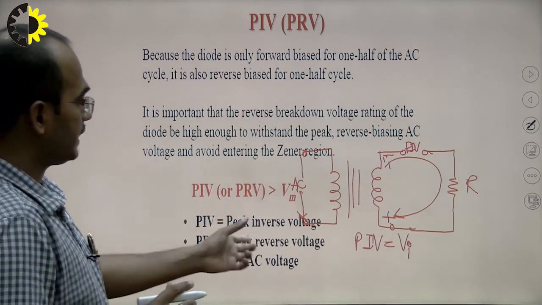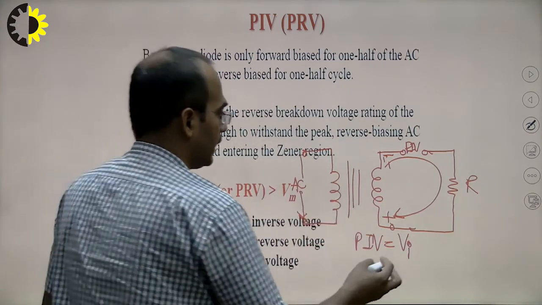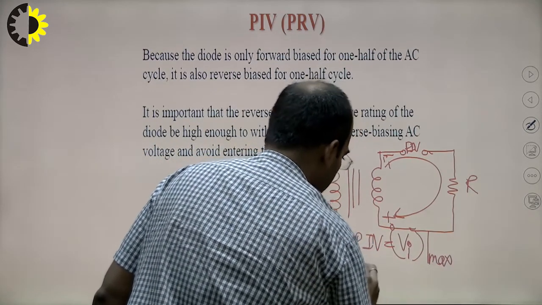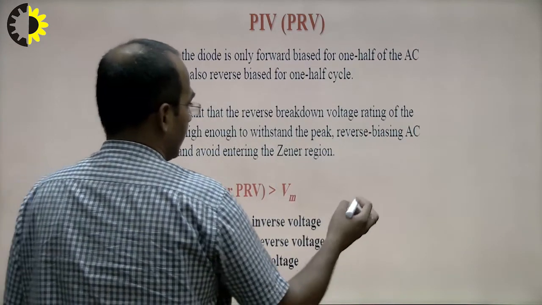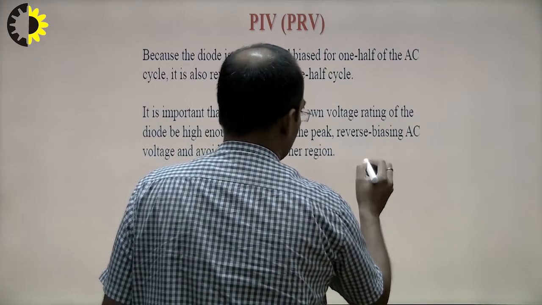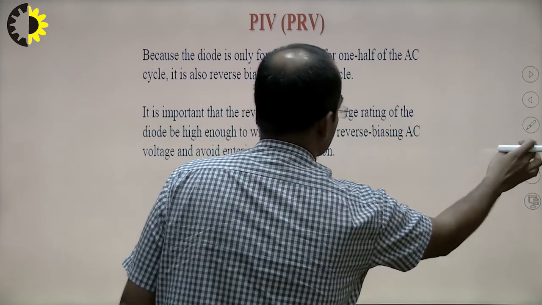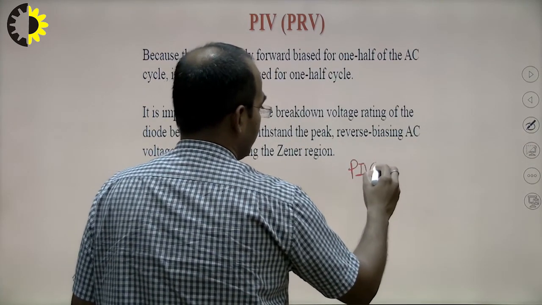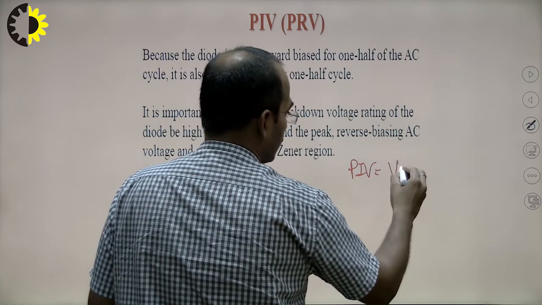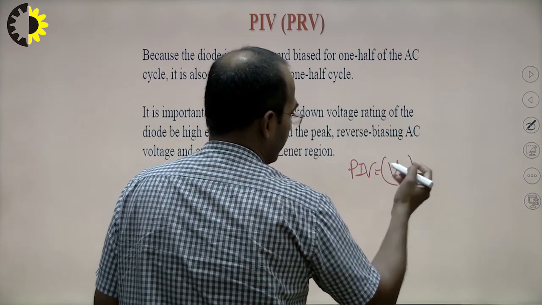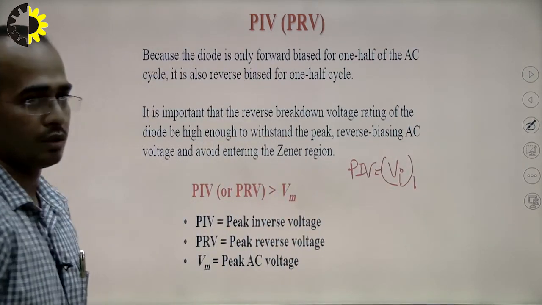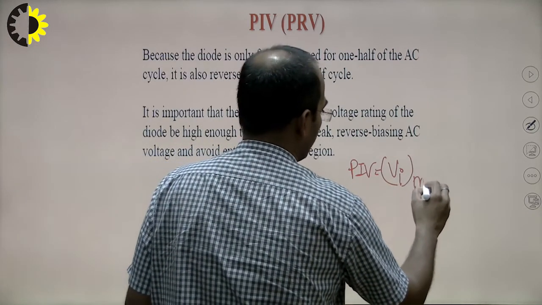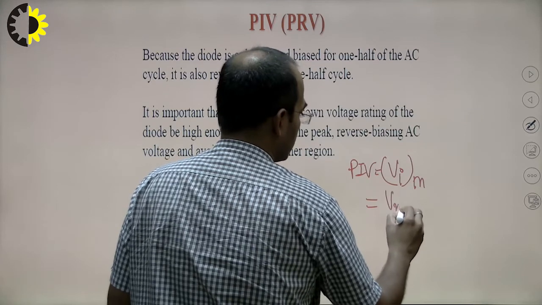The definition says the maximum voltage across the diode, so what is the maximum voltage? Vi maximum. As I told you, PIV is nothing but Vi, the maximum voltage across the diode when the diode is in non-conducting state.